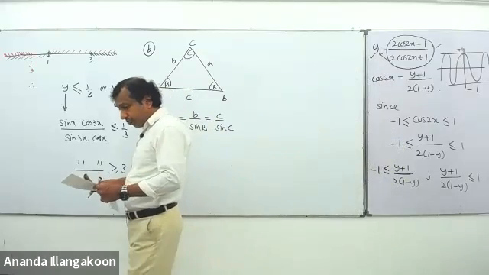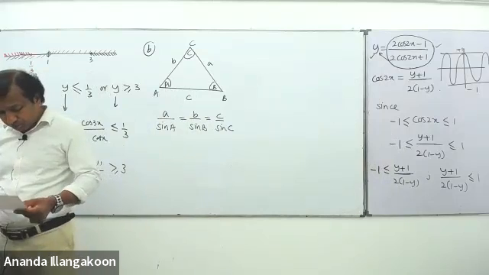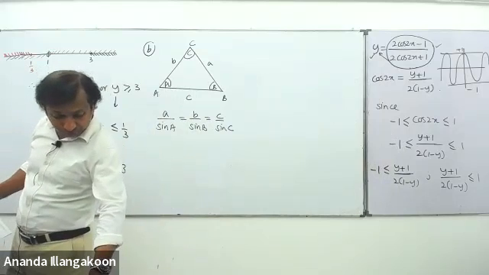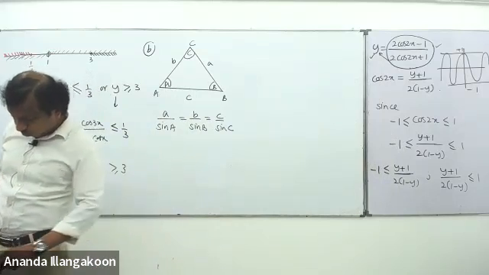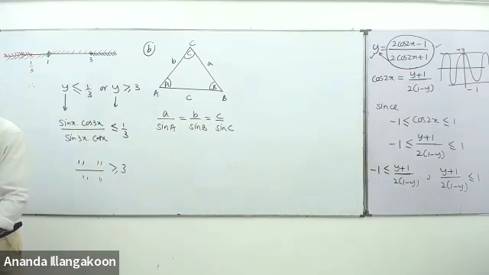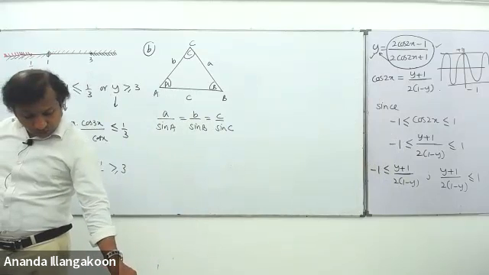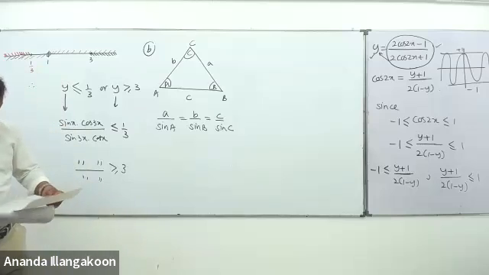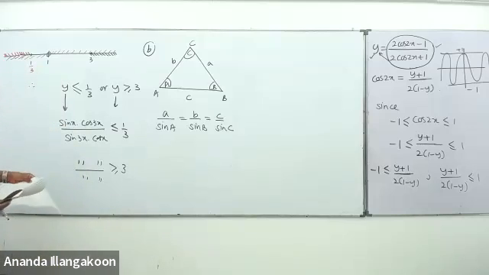Now, okay, next one. In usual notation for the triangle ABC, prove that sin A plus sin B divided by sin C is equal to this. Right.